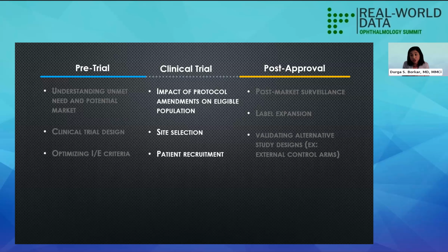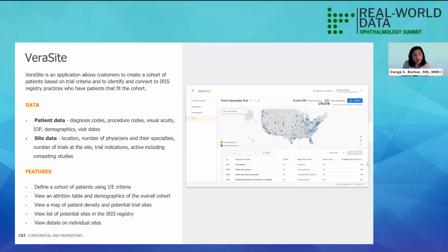Once we're at the stage of actually doing a trial, real-world data can help us understand the impact of protocol amendments on eligible populations. It can help us look at site selection and patient recruitment to really complete a trial as quickly as possible. I think that when we look at different studies, there are different tools that you can use.